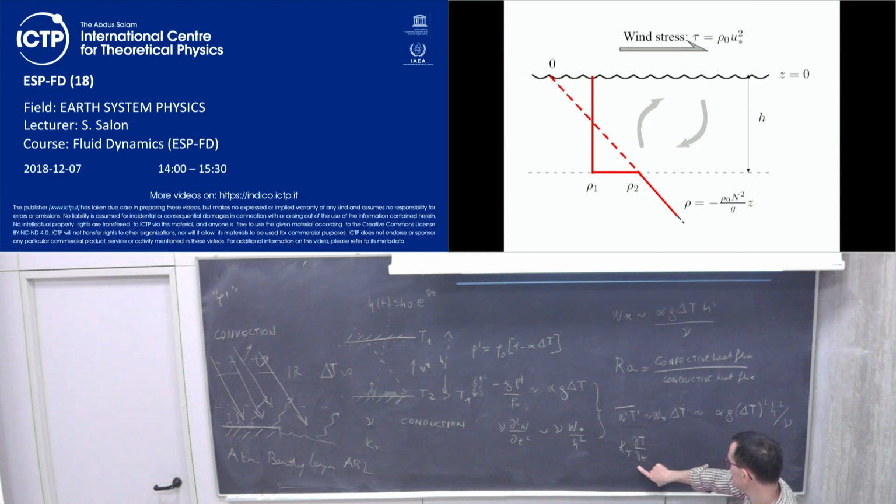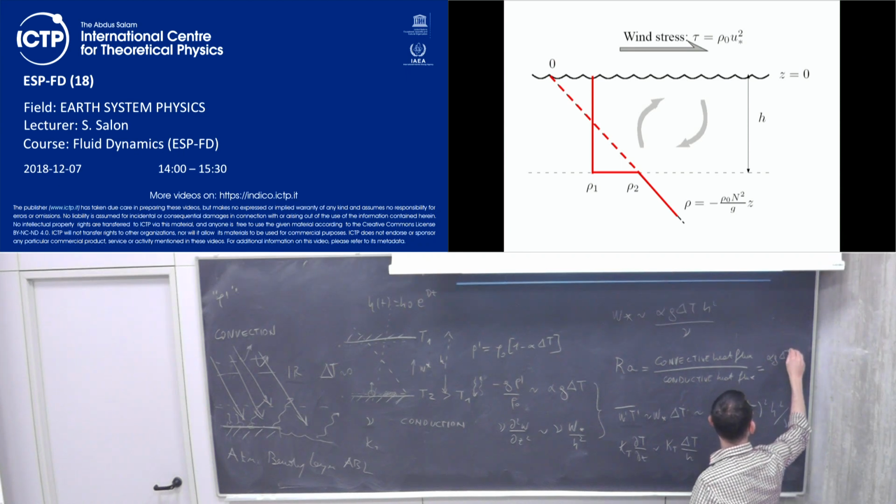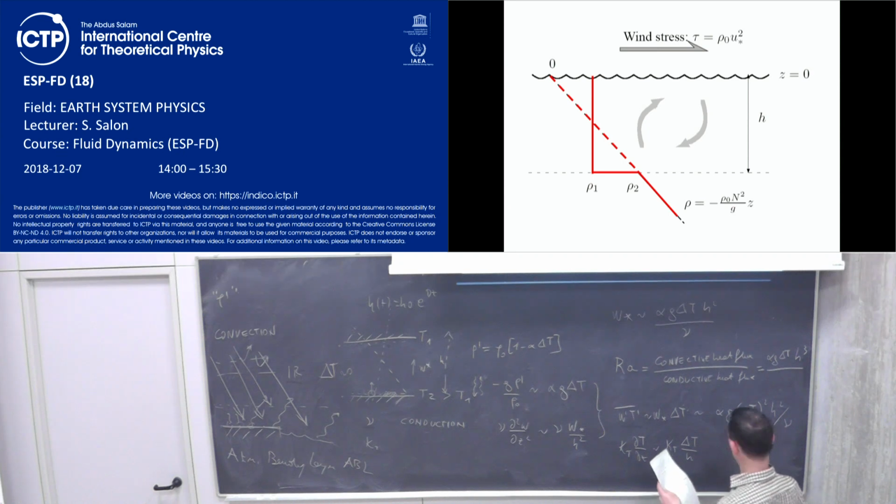So kT delta T over dz, which we can scale like kT delta T over H. So if we put this term here and we make the ratio between these two, what we will have will be alpha G delta T H cube over nu kT.